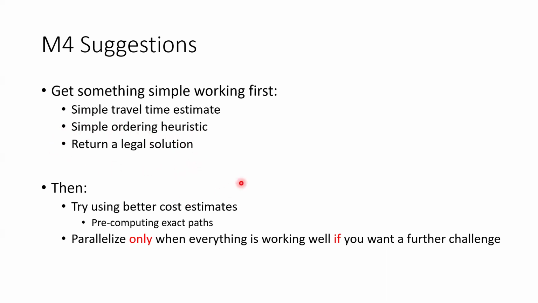Get a legal solution first before diving in to get a better solution. Then you can start optimizing your solution, and parallelize only when you think you have the best algorithm you can. Only if you want a further challenge. And yeah, good luck on M4.